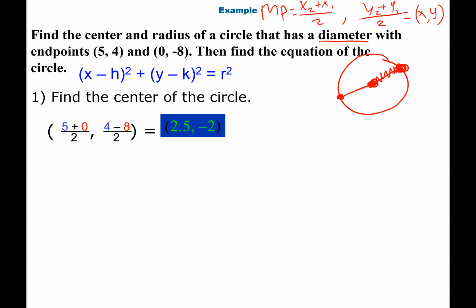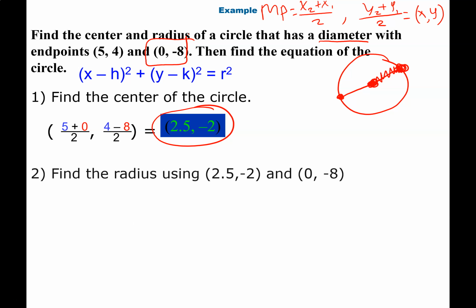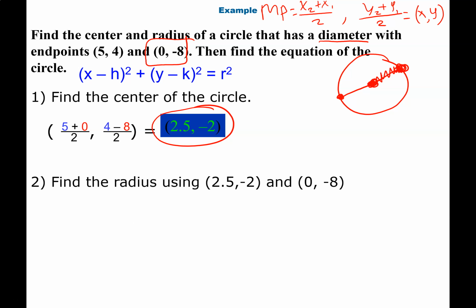Then we need to find the radius. So we're going to use the center, and we're going to use one of our points that were given. The easiest point to use will be 0 comma negative 8. We're going to substitute that into this in order to figure out what our radius will be. And this is where you want to pop out the crustiest of dustiest calculators.